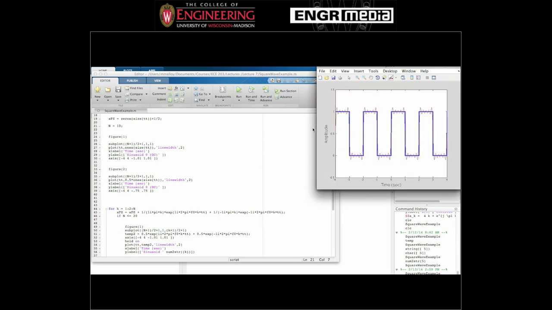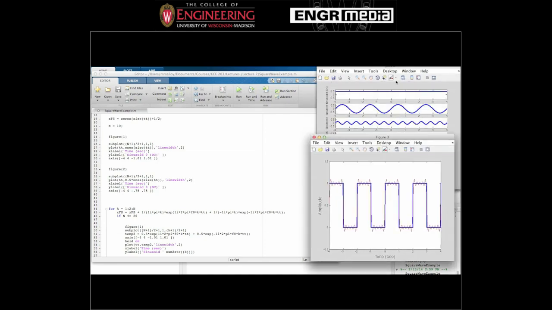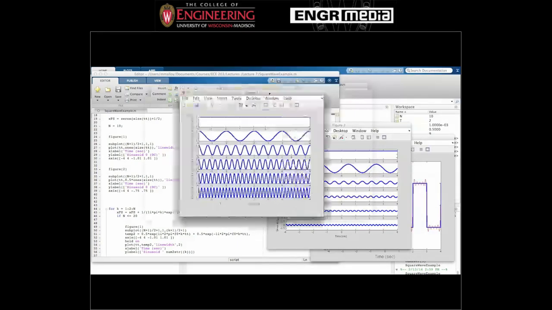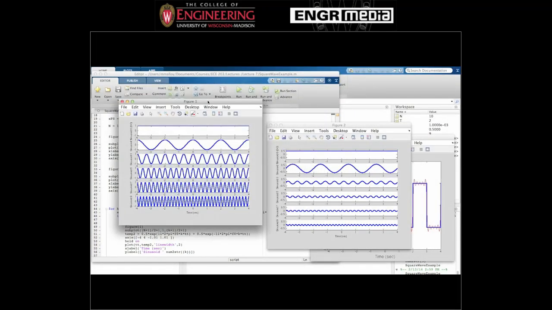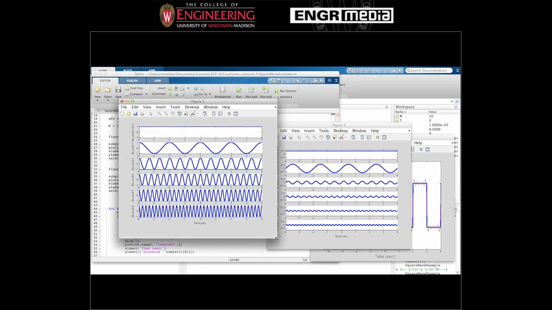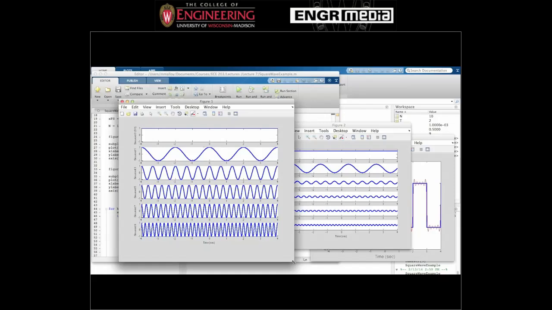Okay, so the first one here, these are just the sinusoids that are going to be involved in creating this representation. So think of this in the following way. I'm going to take a bunch of sinusoids, and they're each going to have harmonic frequencies.